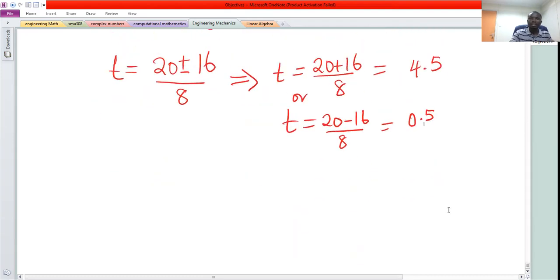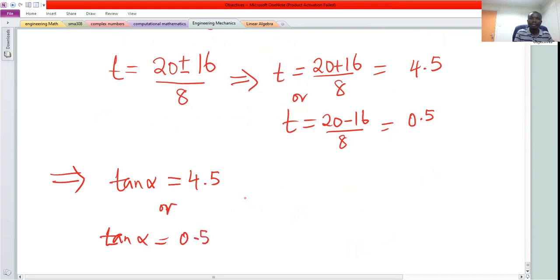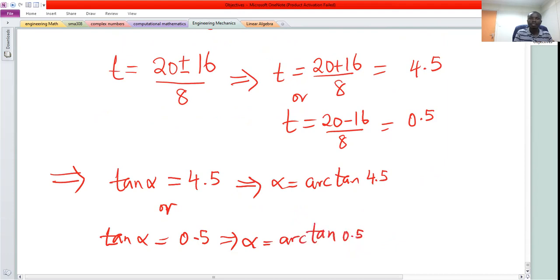So which tells us that tan of alpha equals to 4.5, or tan of alpha equals to 0.5. This one means alpha is arctan or tan inverse of 4.5. This one means alpha is arctan or tan inverse of 0.5.